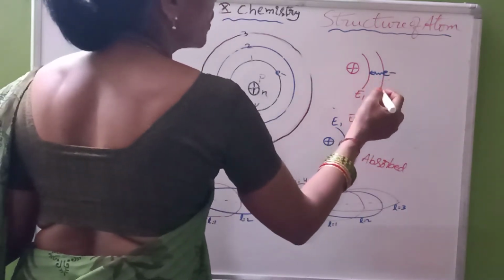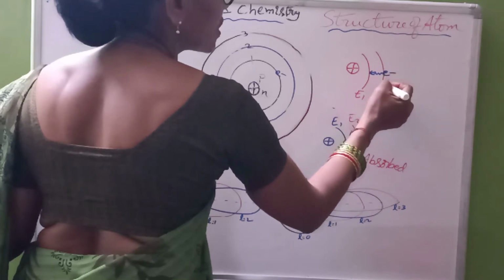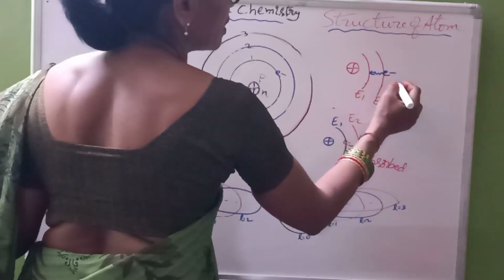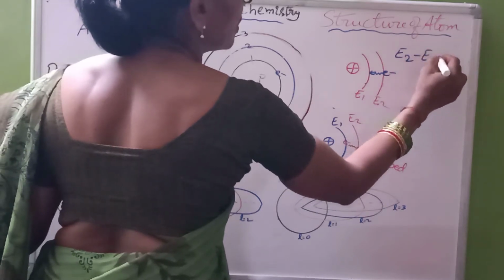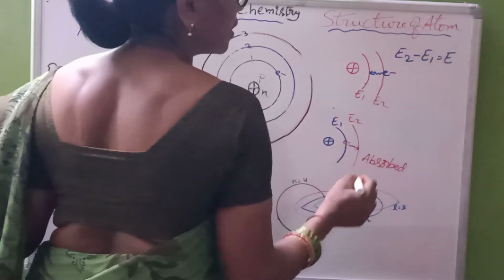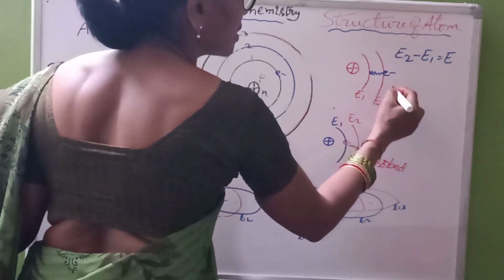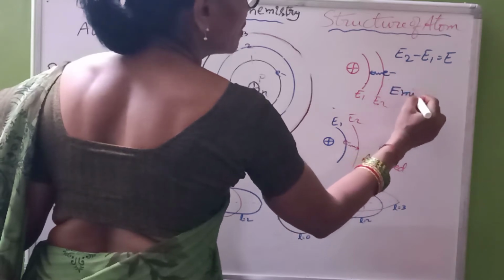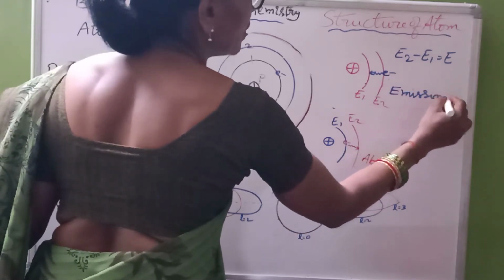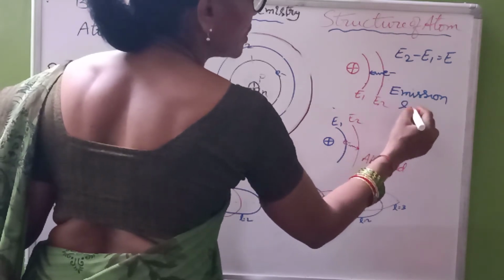At that time, this shell has greater energy than this one. That is, E2 minus E1 is equal to E, the energy of radiation. So here energy is emitted, so there is a chance of getting an emission spectrum.